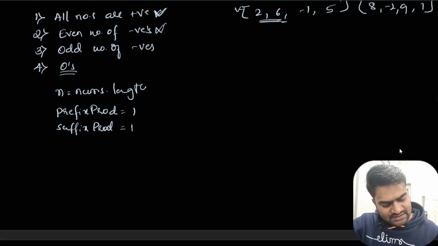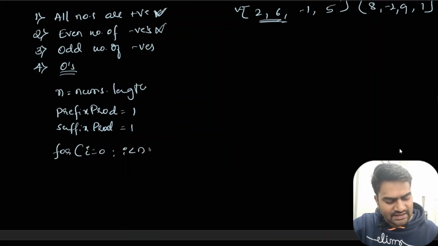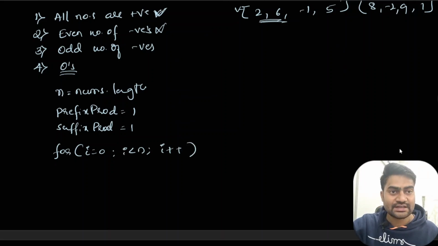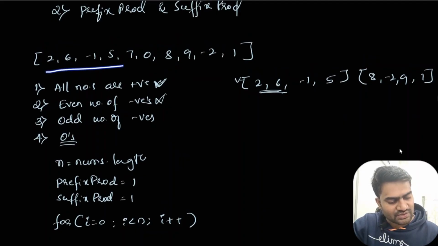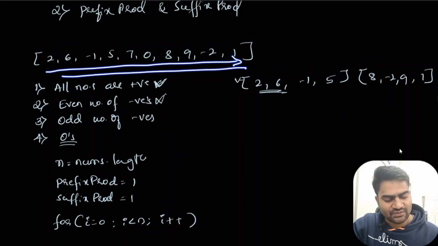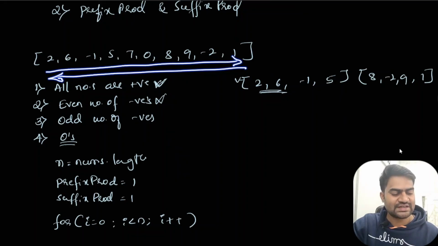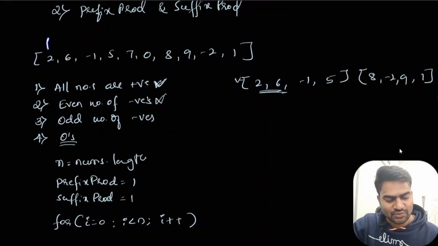With this, I will use a for loop for i equal to 0, i less than n, i plus plus. Basically, we are trying to iterate the array once from left to right and then again from right to left. So we don't need to use two for loops because it's a simple iteration. Once you process a number from the left, then from the right also you can process the numbers in the same array.